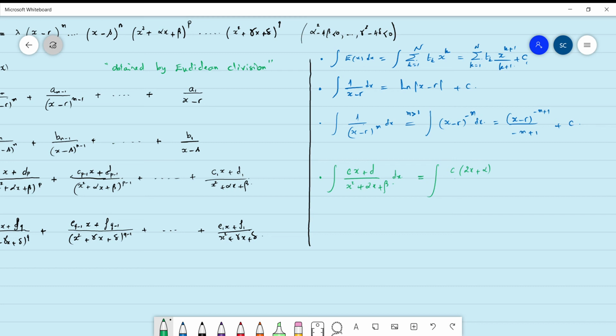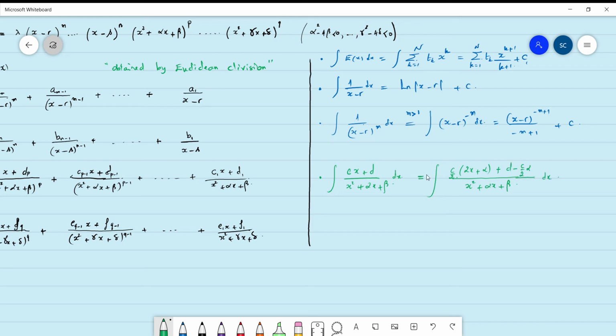But if I develop, I have 2cx and I have only cx, so I need to divide by 2. Then when I distribute, I will get cx, yes. Then another term, c over 2 times alpha, which is not here, so I will subtract it: d minus c over 2 alpha.